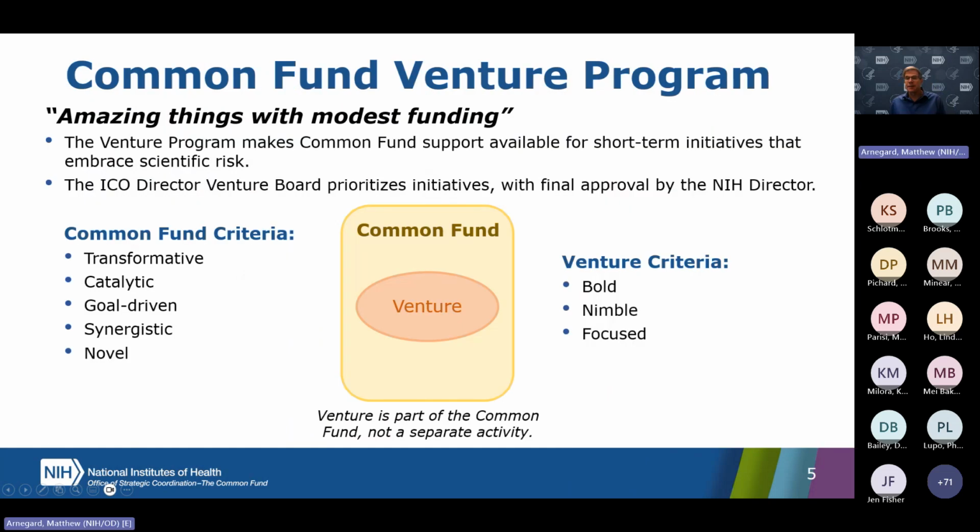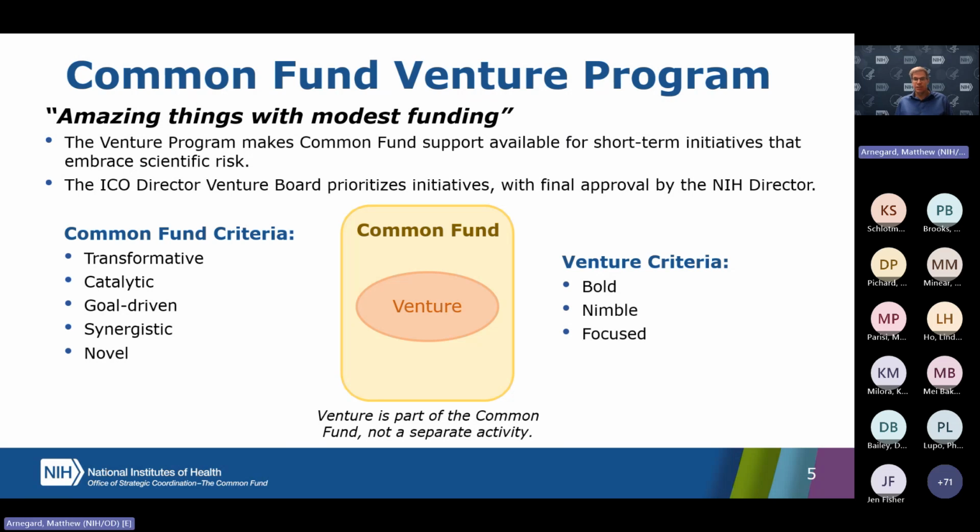The main idea behind the Venture Program is to do amazing things with modest funding. This new area of Common Fund support provides a framework for the development of short-term initiatives that embrace scientific risk. Venture Program initiatives must meet the 5 program criteria listed on the left, which apply to all Common Fund programs.